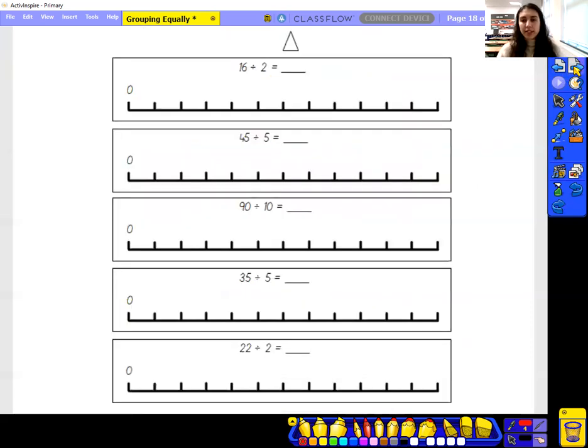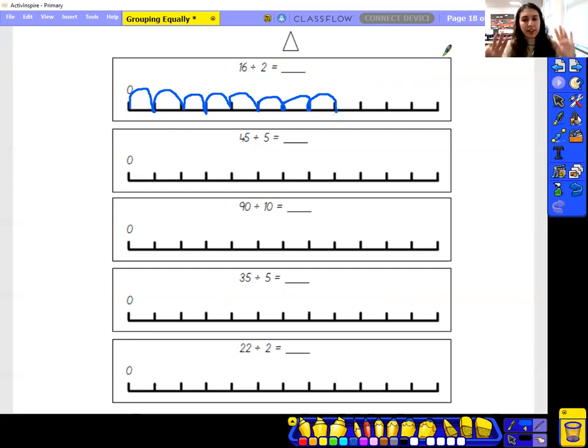The triangle sheet is an opportunity for you to use your skip counting to help you. So 16 divided into groups of 2 equals how many groups? I know that 1 2 would be 2, 2 2s would be 4, 3 2s would be 6, 8, 10, 12, that would be 6 groups, 7 groups would be 14, 8 groups of 2 would be 16.